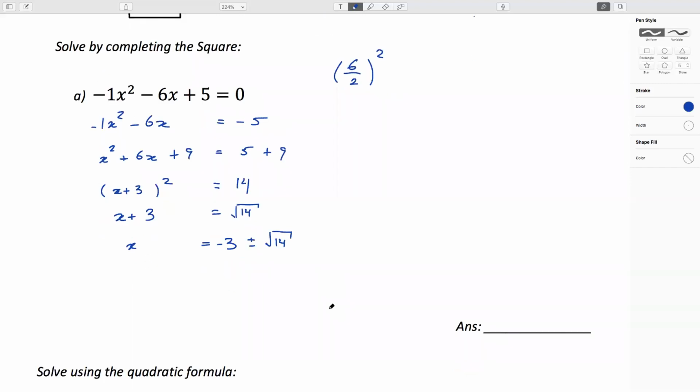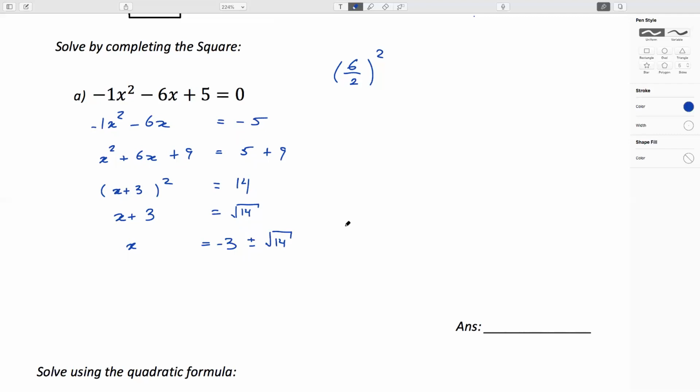So at this point, we technically could be done. We could call our answer this. If we wanted to turn this into decimals, we would have to actually punch it in our calculator. So technically, this is your answer.